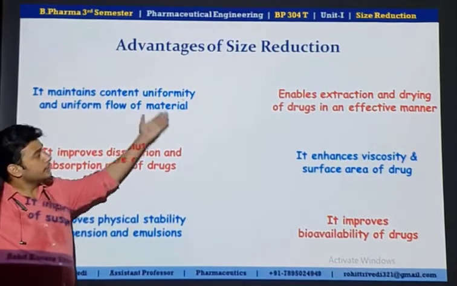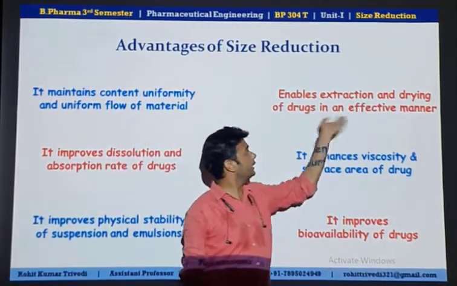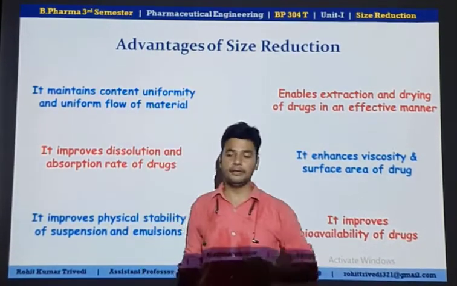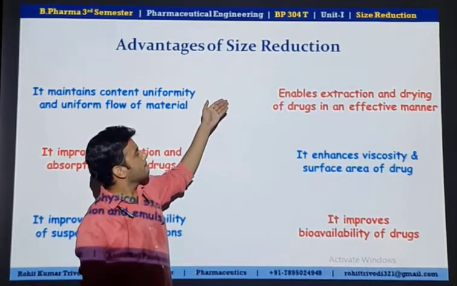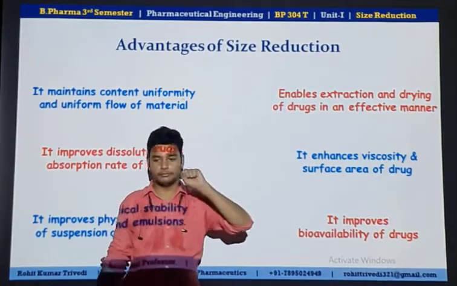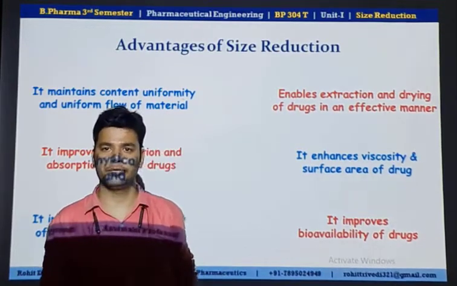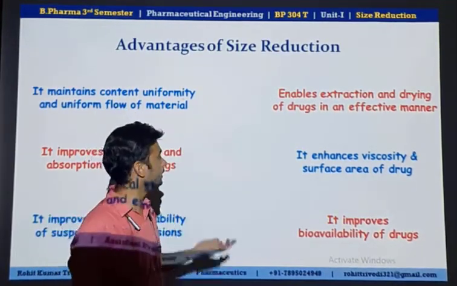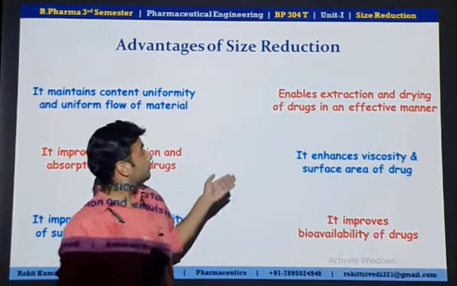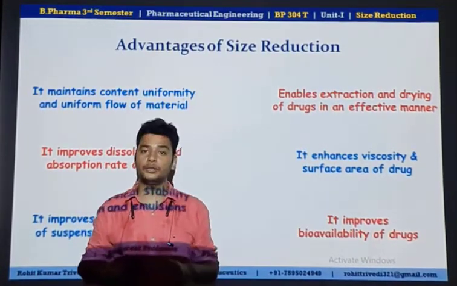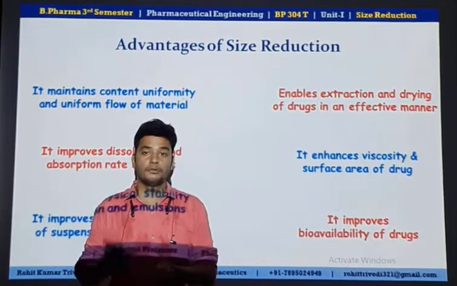Okay, next is the size reduction process enables the extraction and drying of drug in an effective manner. Obviously, when we are extracting something from a crude drug or plant or whatever material we are using for the process of extraction, if we reduce the size, obviously the yield will be increased during the extraction process, and the extraction will be faster.